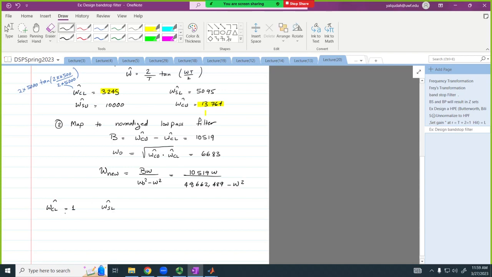We called it N before, so let's call it N. N equal to 2.868. Omega cutoff upper hat nu equal to -1. Omega stop upper hat nu equal to -1.9.